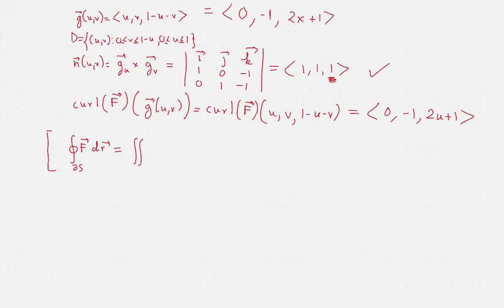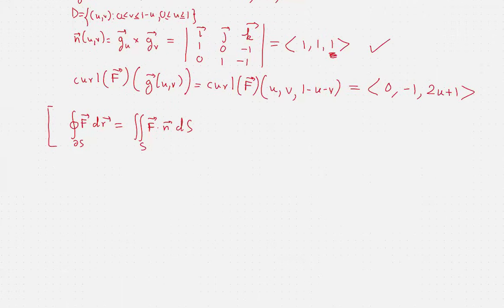It's the flux integral where we take the orientation given by the compatible normal. Sometimes this integral can also be seen written like this, but in any case, we will use this notation. And this is what we're computing right now.